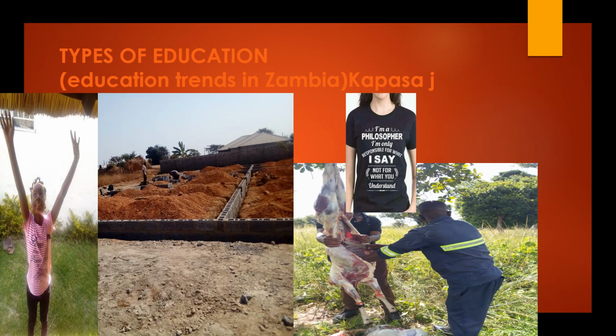We proceed. We go to types of education. On types of education, we'll be looking at trends which Zambia has passed through, from the time before whites came to where we are now. In this, we'll look at three types first: indigenous education, then missionary education, then colonial education.